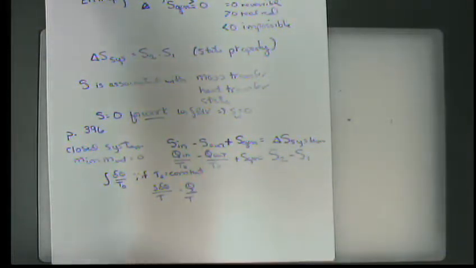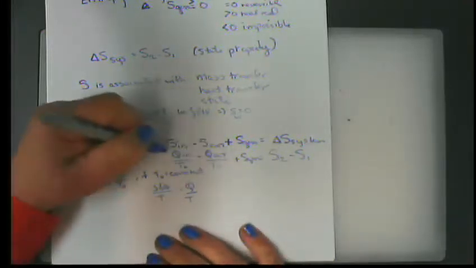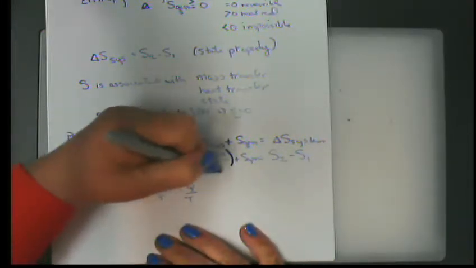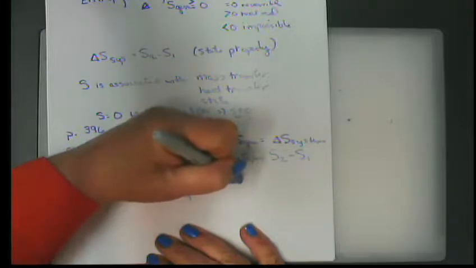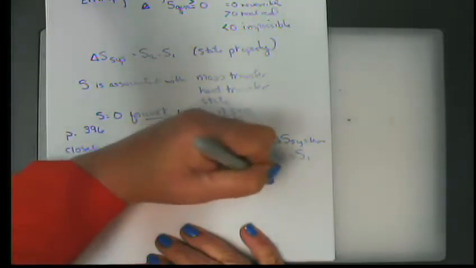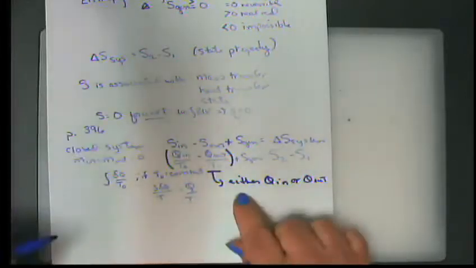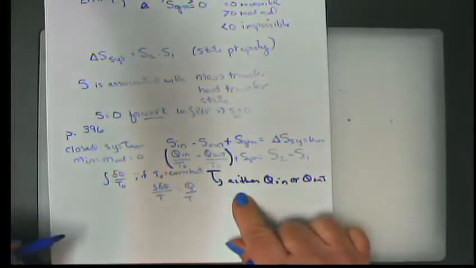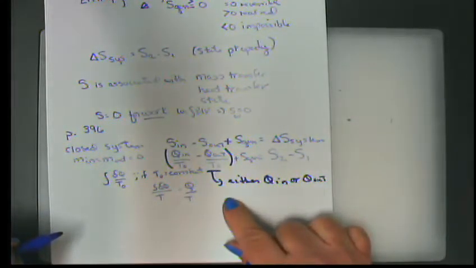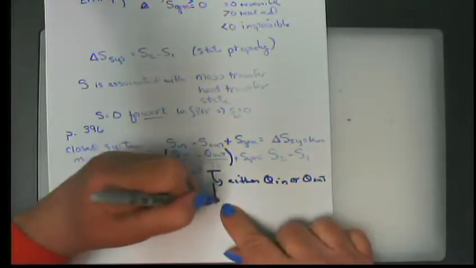And so now the question is, where do all these terms come from? Well, first of all, generally speaking, you either have Q in or Q out. And how do you find that? We've been doing this for a while now. How do you find the heat that goes in or out of a system? What law of thermodynamics do you use?